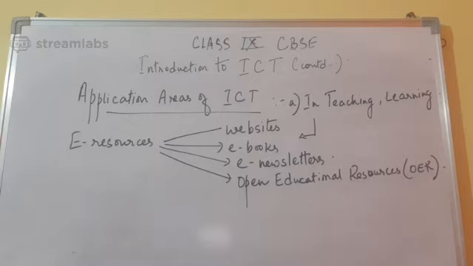There are specific dedicated websites for gathering information regarding a particular subject. Ebooks are there, specific ebooks which you are free to download. E-newsletters are there, any updations in any topic of any subject can also be taken into account. Open educational resources, that means if a person is operating a particular blog.